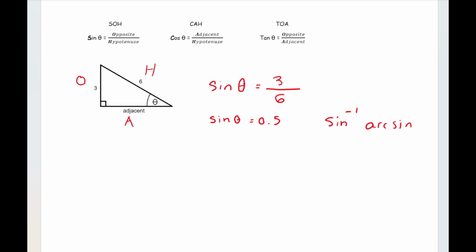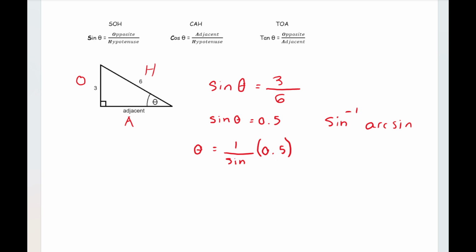When we do that, I'm going to write it out. Normally it could be written like 1 divided by sine, multiplied by our 0.5. The problem is if you try to divide your 0.5 by just sine, your calculator is going to freak out. You're going to get an error. So we can't do that.